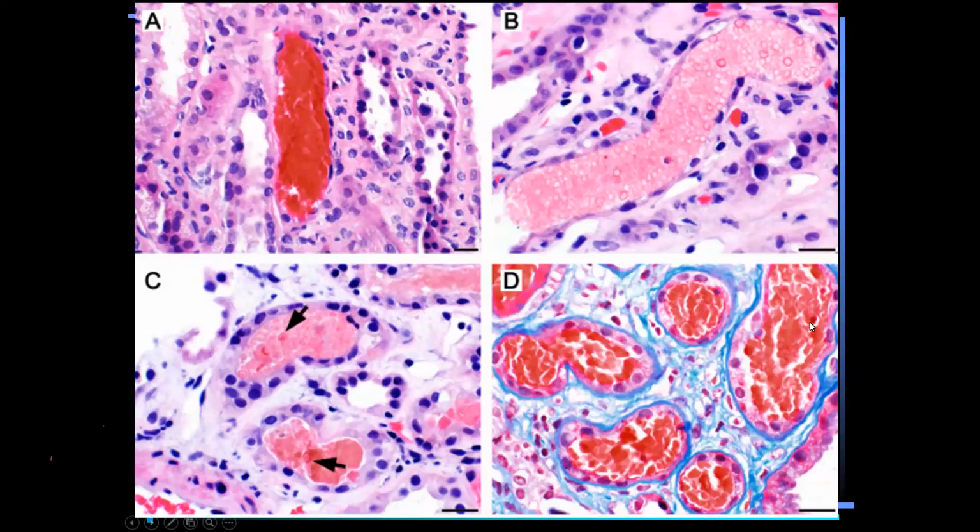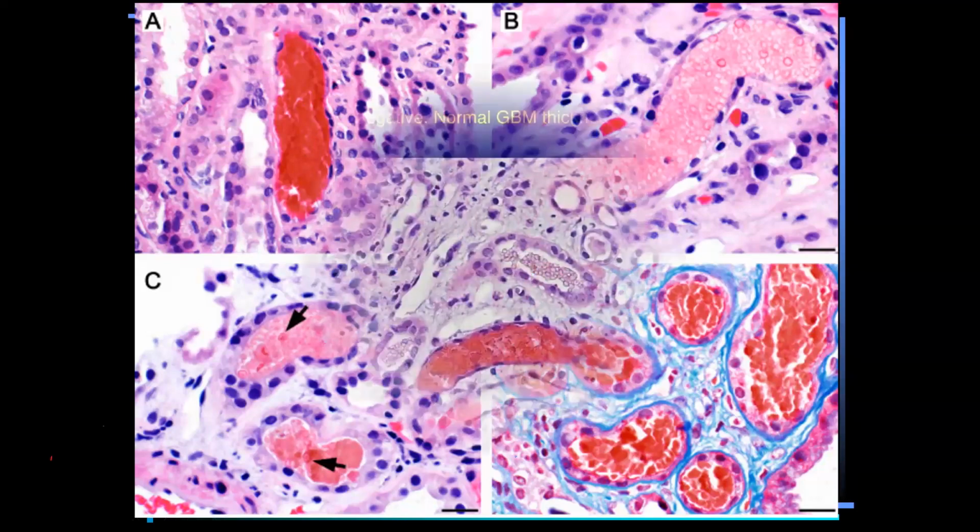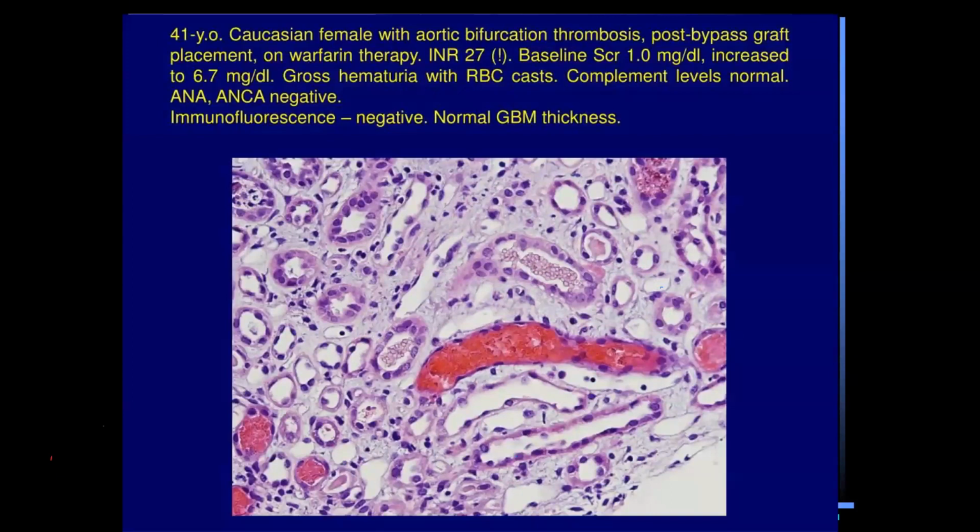You may find this scenario: red blood cell casts, or hemoglobin cast, or blood present inside the renal tubules in this way, and you cannot find any other pathological changes present in the glomeruli, etc.